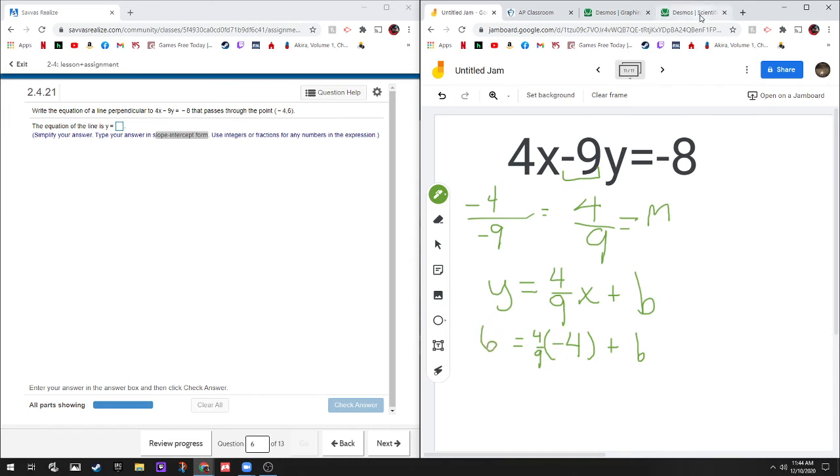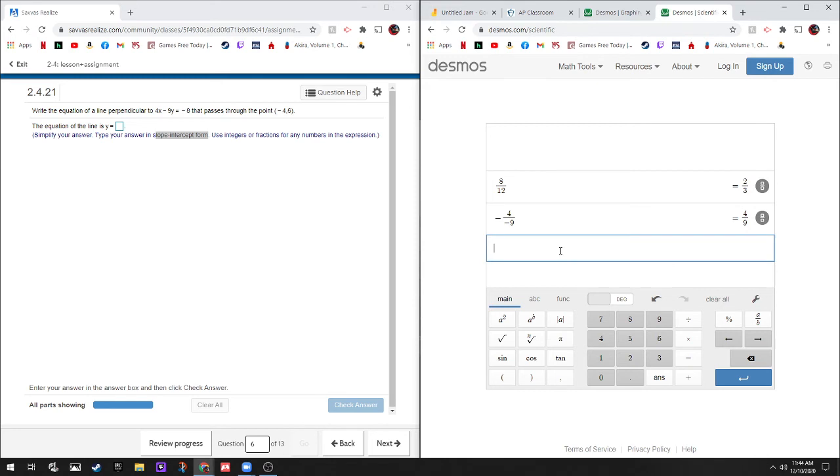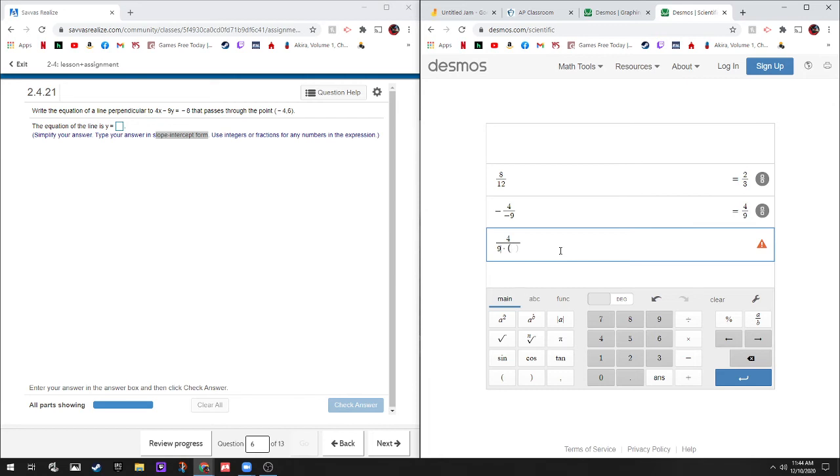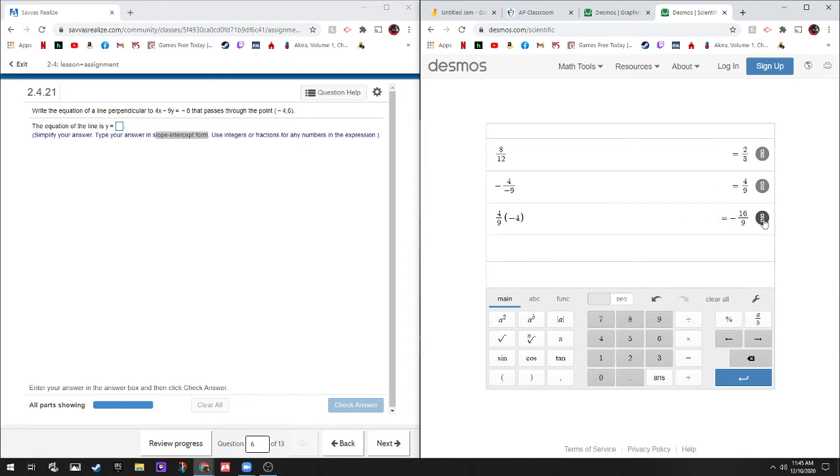So 4/9 times negative 4 is negative 16/9. No, careful. 4/9 times negative 4. All right. So negative 16/9.